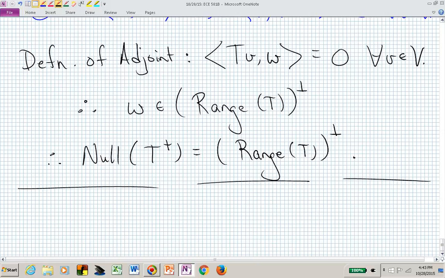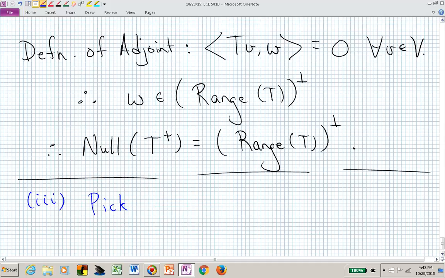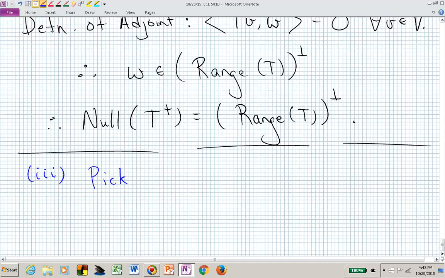Now let's do something similar to 3. Because we know 1 and 4 are similar, we just have to take the orthogonal complement of one and get the other. Now 2 and 3 are similar. Let's start with 3 and say let's pick V to be in the null space of T. Then we know that TV is equal to 0.